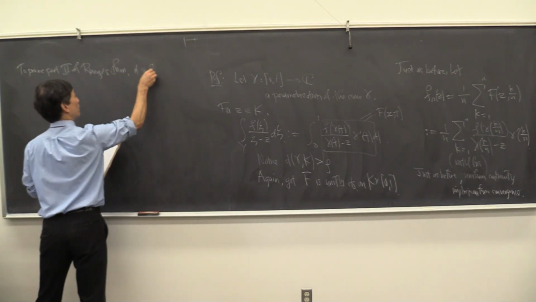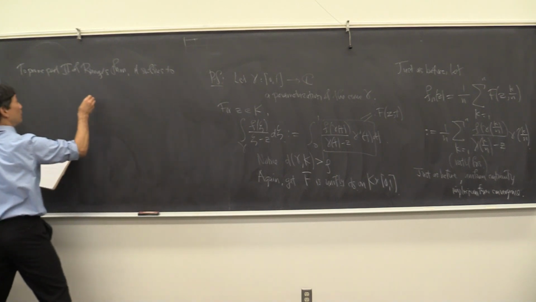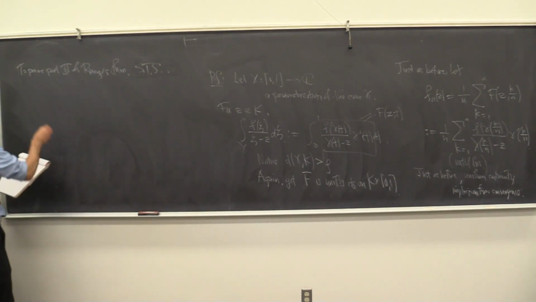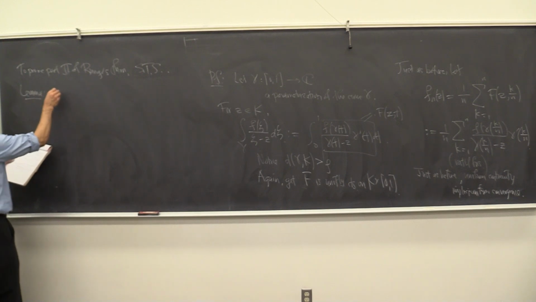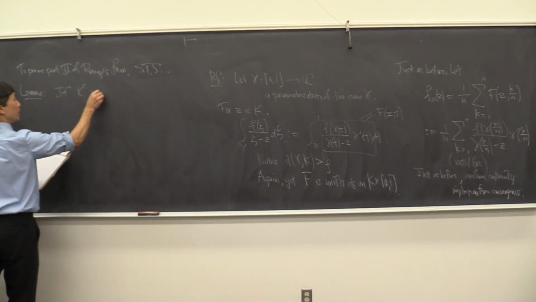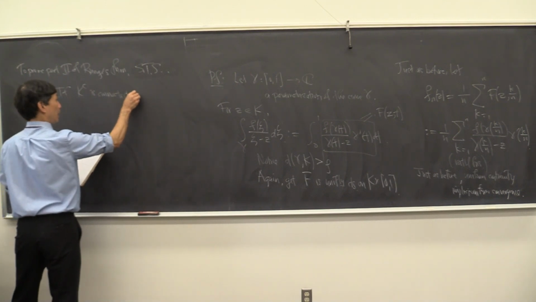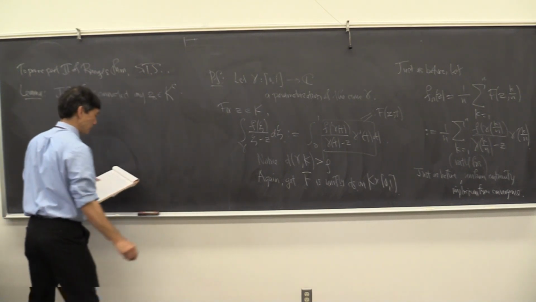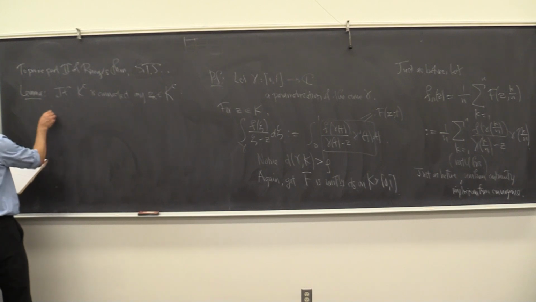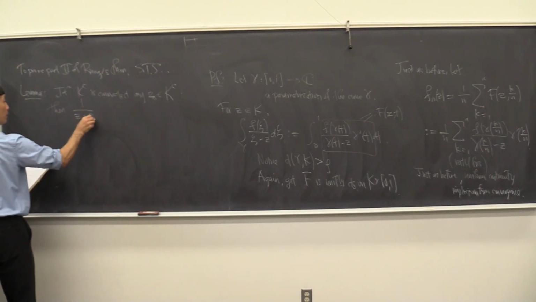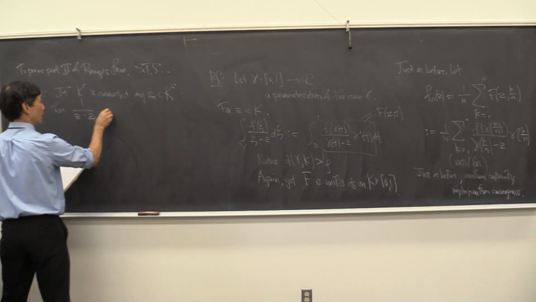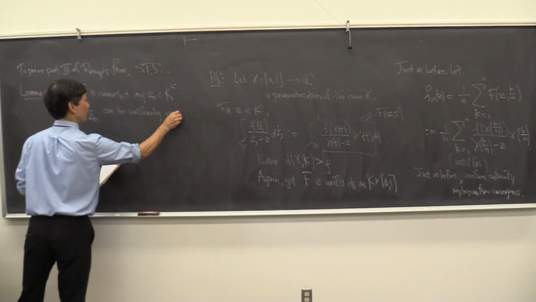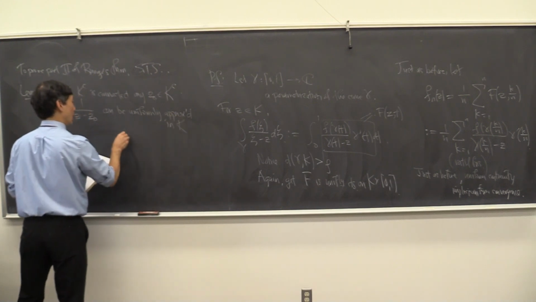It suffices to show the following lemma: if K complement is connected and you have some point in K complement, then 1 over z minus that point can be uniformly approximated in K by polynomials.